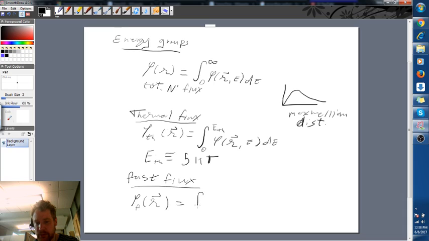And this is equal to the integration starting at the thermal energy to infinity of phi of r, E dE. And we can get into neutron temperatures later. You can break this down into more, but these are the two basic energy groups. There are more energy groups we can talk about. In fact, let's just go ahead and knock that out right quick.